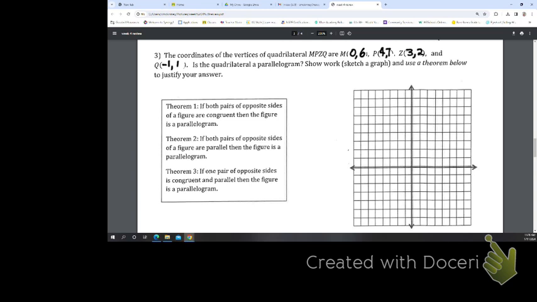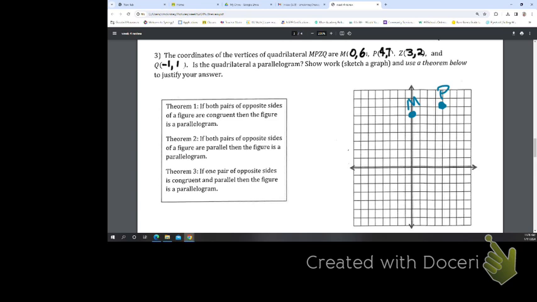But I'm going to show you what I personally would do and think is the easiest. First I plot my points, and be careful with the 0. 0, 6 is going to be on that y-axis. So 1, 2, 3, 4, 5, 6. There is M. P is 4, 7. 1, 2, 3, 4, and 7 would be up here.